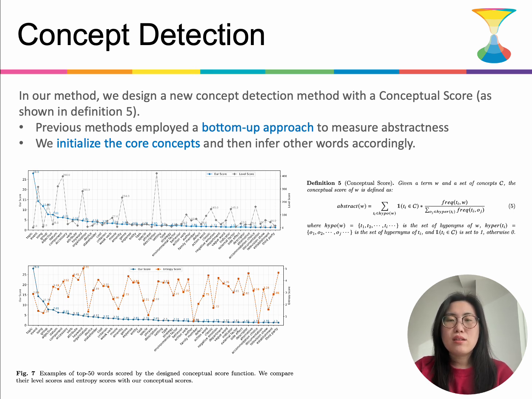Different from this method, we start from co-concepts and use a set of co-concepts to infer the abstractiveness of other nodes, which is more accurate. Figure 7 shows the top 50 examples scored by our method and other scoring methods. It is observed that our score function is more effective at detecting concepts.